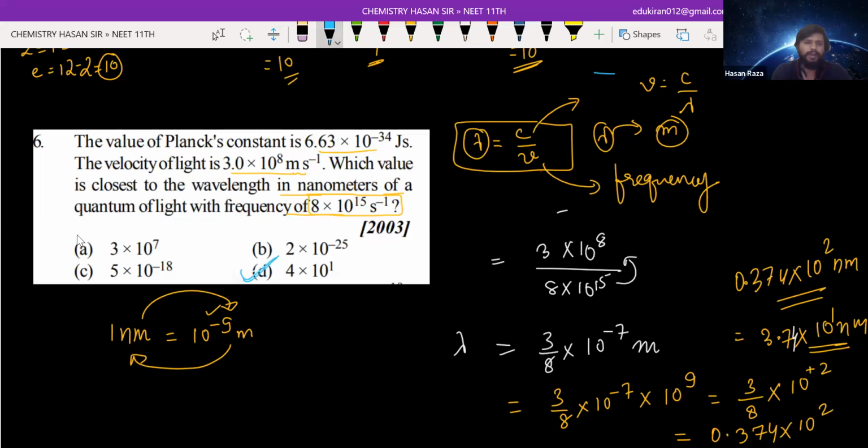Simple. So the calculation is also not that tough. That's why I told you, you should not take this much time for this question. Please do write it.